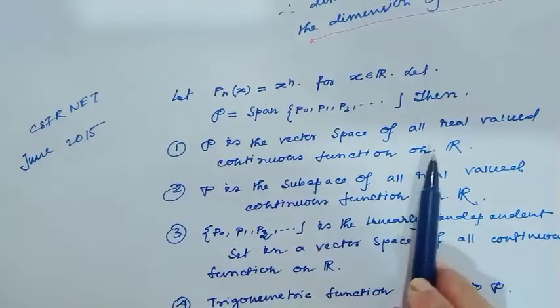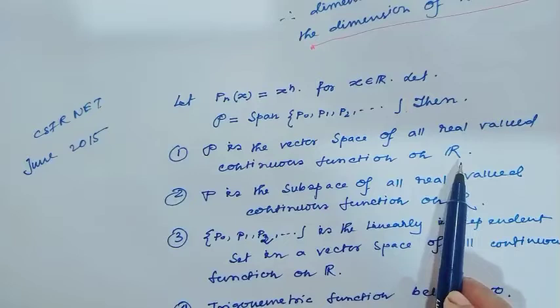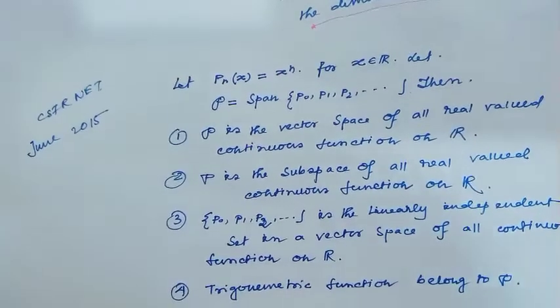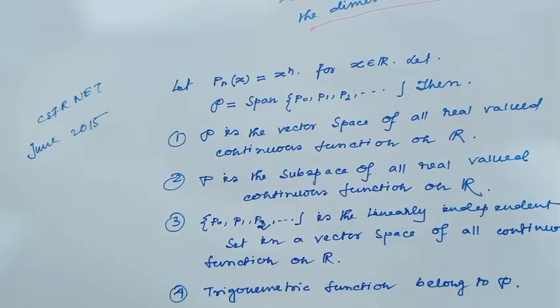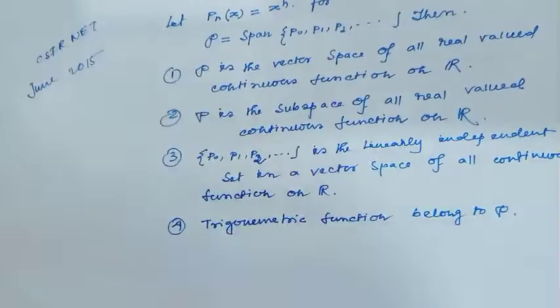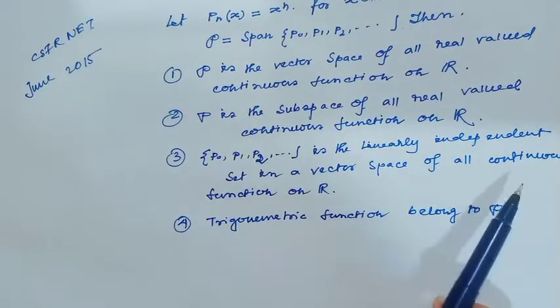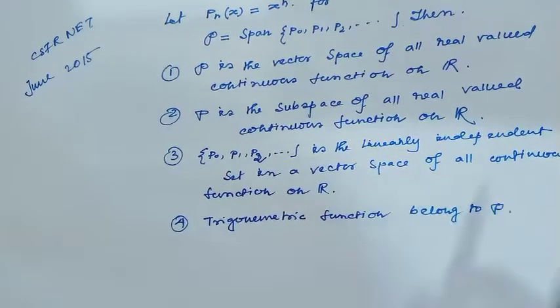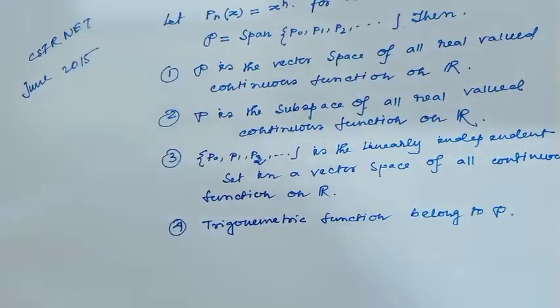Option 1. P is a vector space of all real valued continuous functions on the real numbers. Option 2. P is a subspace of all real valued continuous functions on R. Option 3. The set P0, P1, P2 is a linearly independent set in the vector space of all continuous functions on R. Option 4.